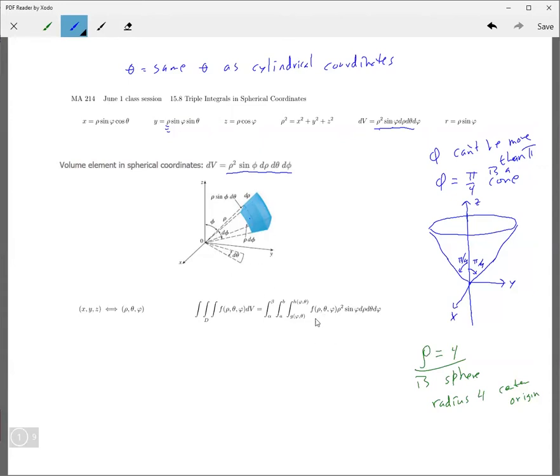But the idea is you have this dV right there, and then f of rho, theta, and phi, and then you can integrate this way. Typically, this is how things are going to play out. Right here, you could have theta, you could have a function in rho to another function in rho. Things like that could happen. So that's the introduction to spherical coordinates.